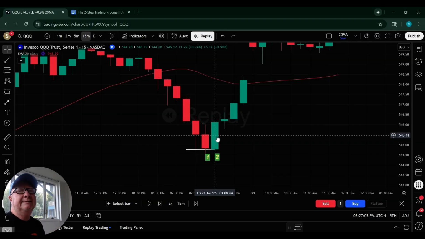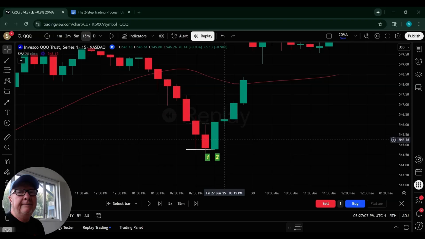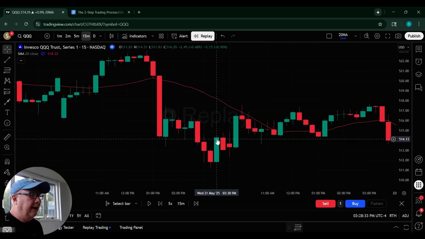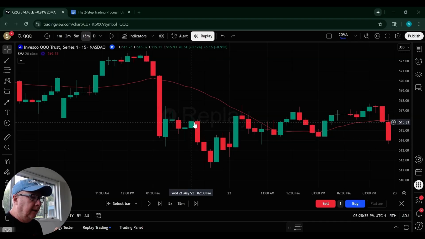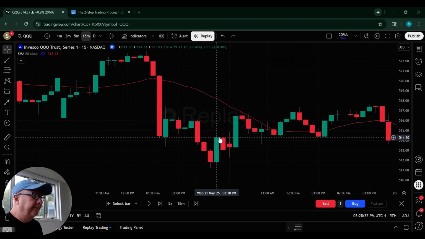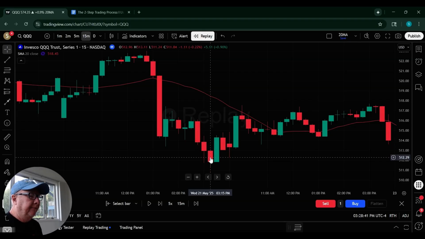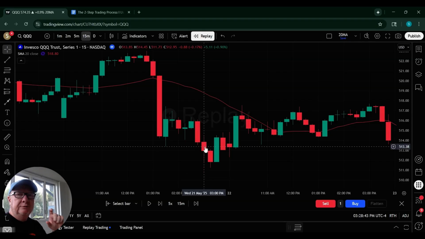I want to show you a second version that appears a lot more often, and that involves combining candles. So let's take a look at that. In this example, we get a hairpin turn right here, but we actually have two candles that make up the first red bar in our turn.